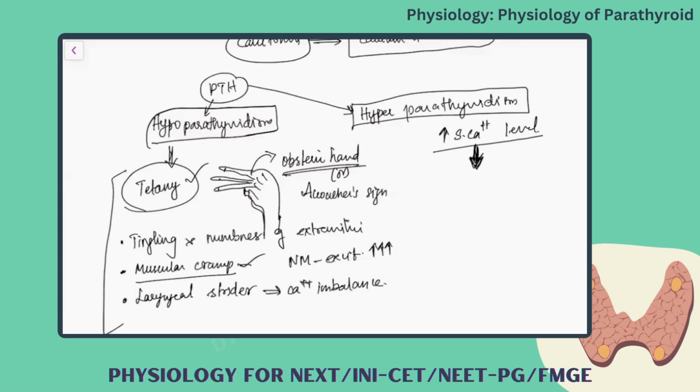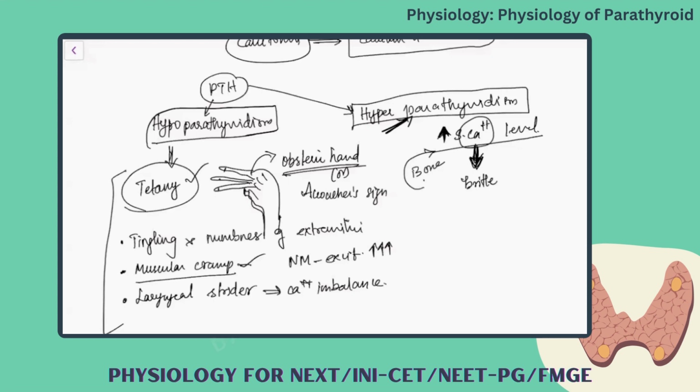So in case of excess of parathyroid hormone, it will make the serum calcium level high. So it results in brittle bones. In the sense, if the serum calcium level is high, then wherever the role of calcium is taking place, in the bones, the calcium is removed from the bones because of the parathyroid hormone.